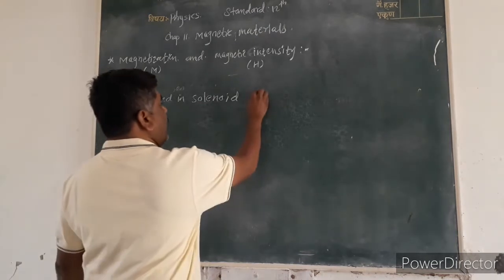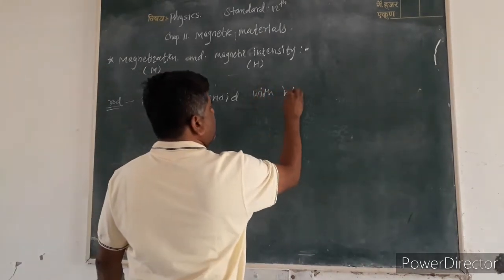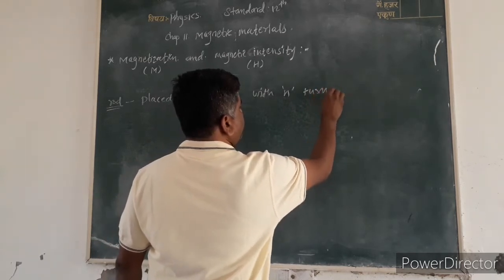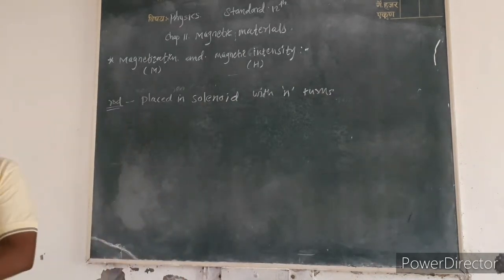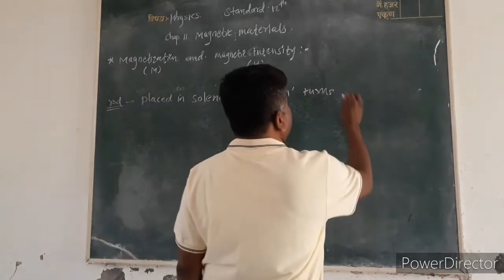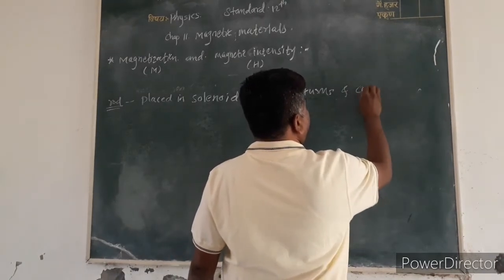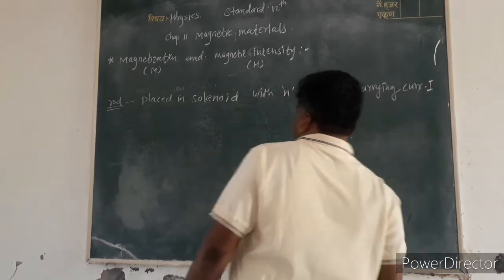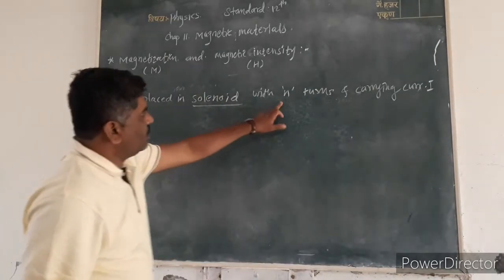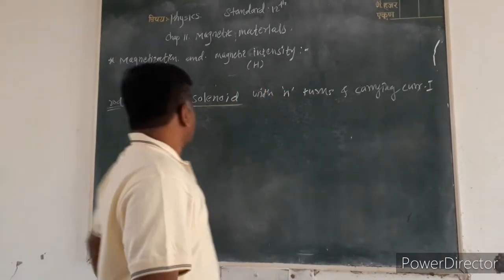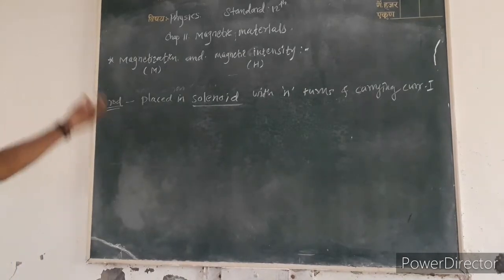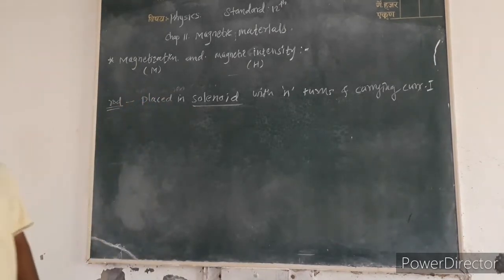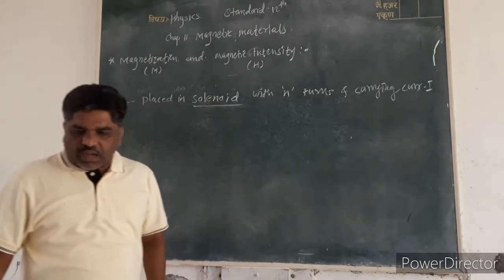This solenoid has n number of turns and carries current I. Such a rod made from magnetic material is placed in the solenoid, with n number of turns and carrying current I.